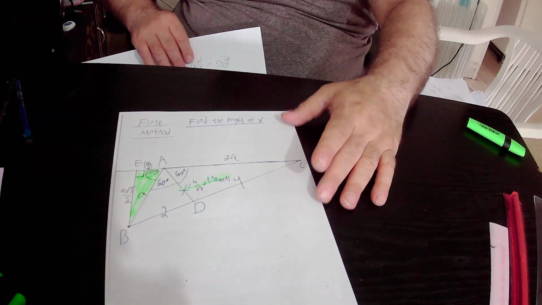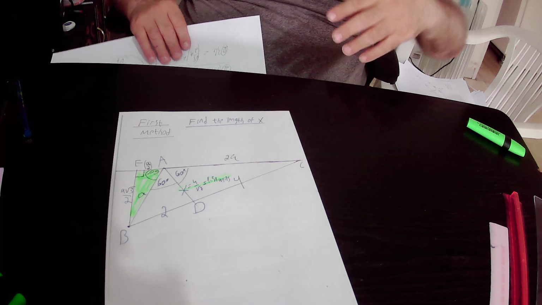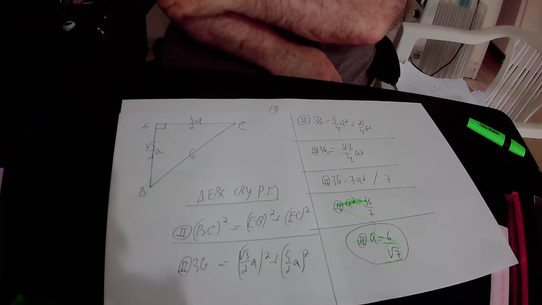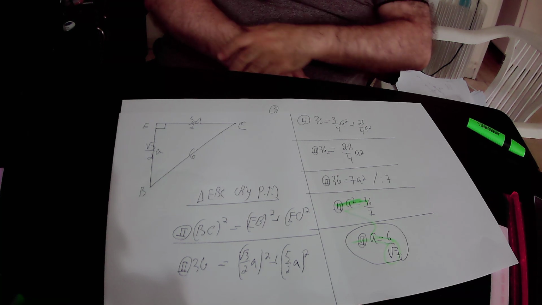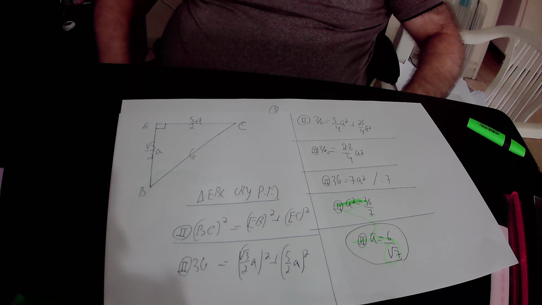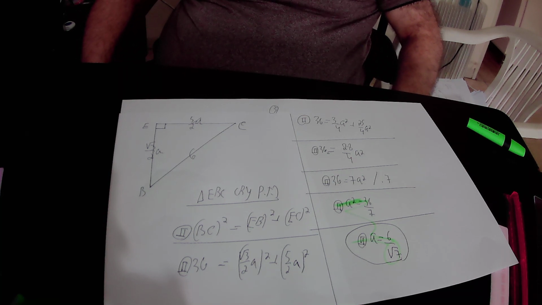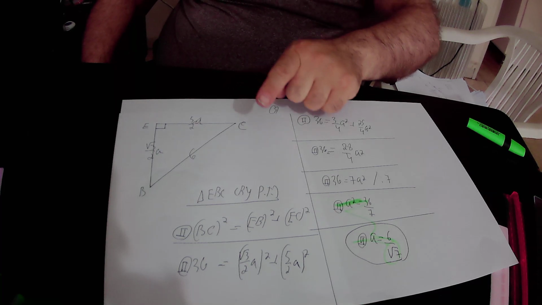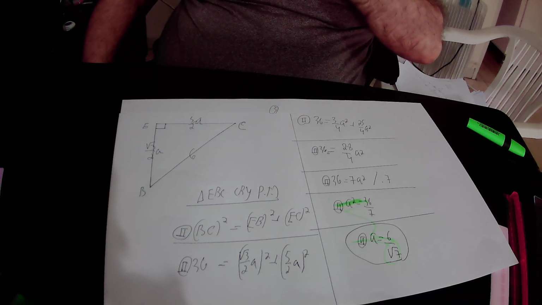Then we implemented the Pythagoras theorem on the right triangle EBC. I copied the right triangle EBC in this new page. According to the Pythagoras theorem, BC square equals BE square plus EC square.